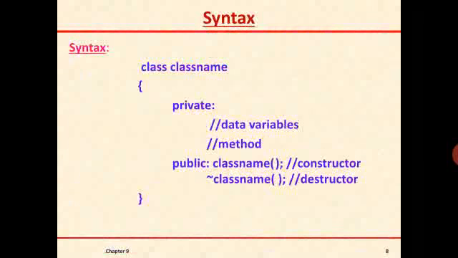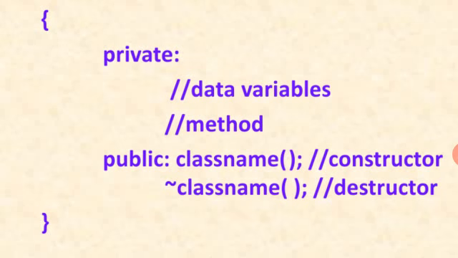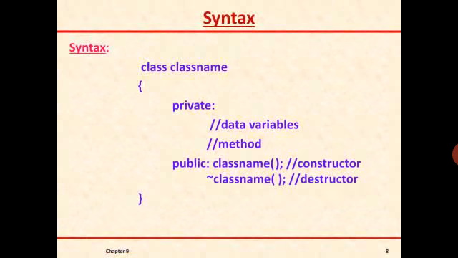Let me show you one simple syntax. Class name, private: you can write any data variables and methods, meaning the various functions. In the public section, if I write the class name as it is, like a function, it is a constructor. But when it begins with the tilde character, it is called a destructor. So this is the syntax of a destructor.